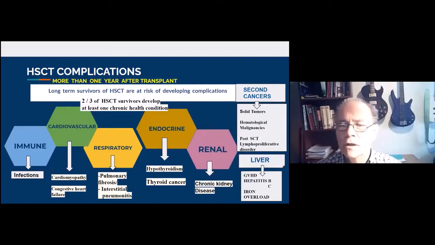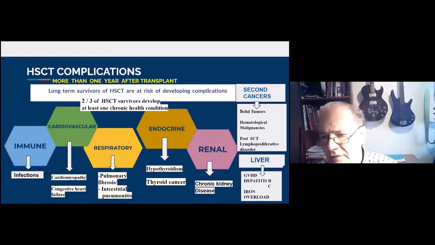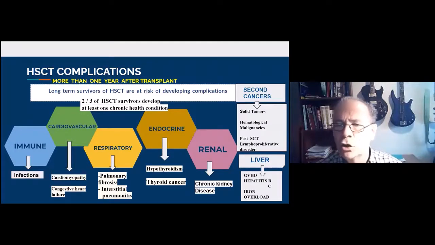And the liver, graft-versus-host disease, chronic graft-versus-host disease, hepatitis B or C, and remember the potential iron overload. And of course, second cancer, solid tumors, hematologic malignancies, and post-transplant lymphoproliferative disorder.